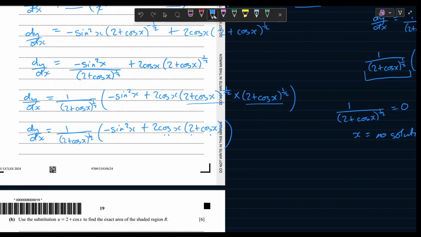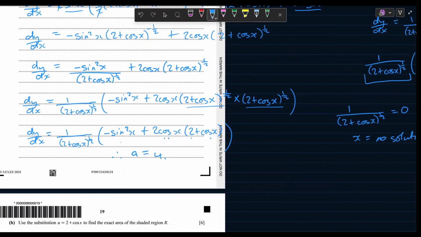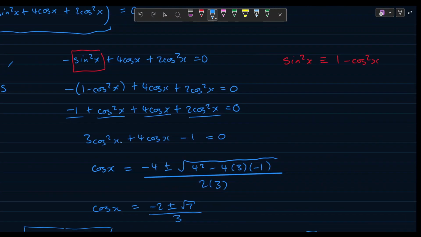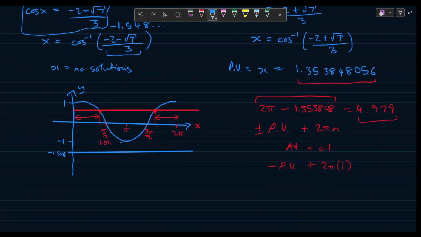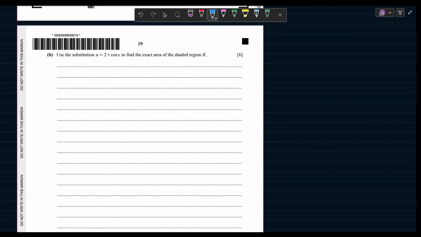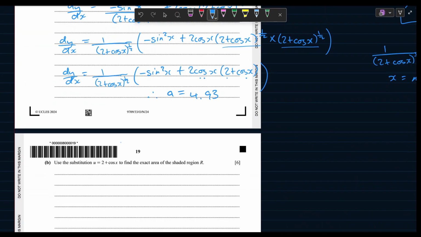So we can conclude that, let me not write it as x because they asked us to find a, not x, our a is equal to 4 point, how many decimal places? 2, so 4.93. All right, because we had 4.929, so 4.93. That would be our final answer.